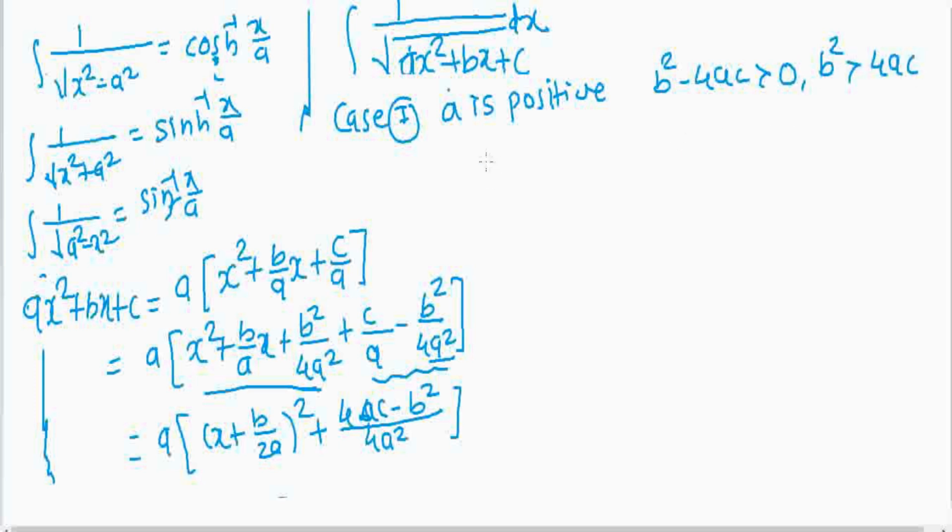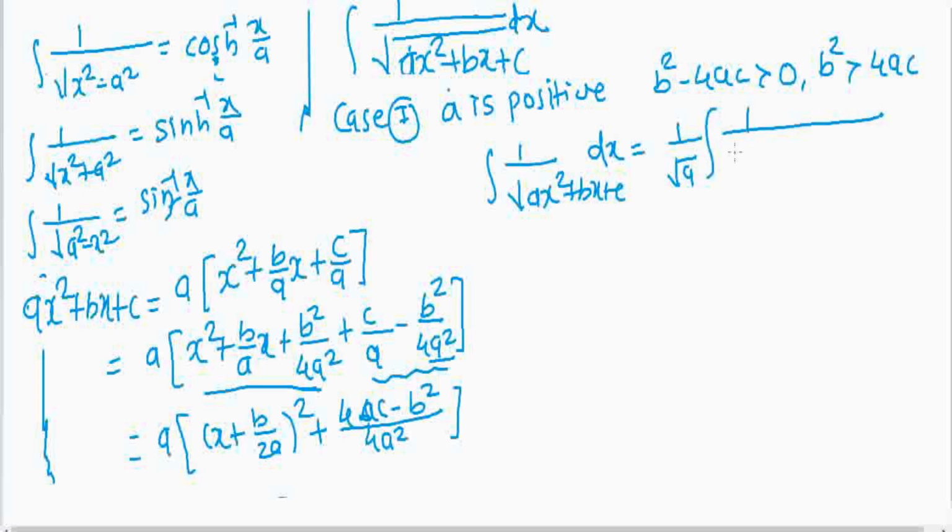So this integral of 1 divided by the square root of ax square plus bx plus c dx will be, we have taken a common, 1 divided by the square root of a into the integration of 1 divided by the square root of x plus b divided by 2a whole square minus b square minus 4ac divided by 4a square, whole, into dx.